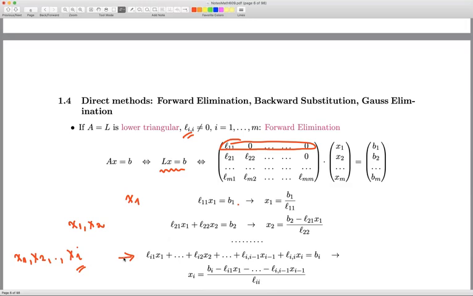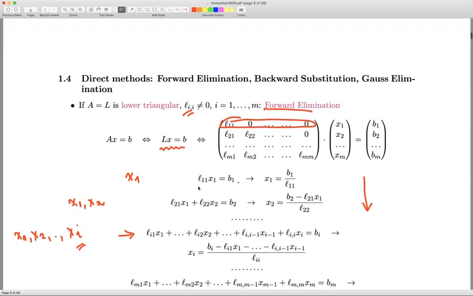So what is happening then? That's why the method is called forward elimination, because we start from the top, we go down forward and eliminate the unknowns one by one. So from here, since L11 is different from 0, we can write exactly what x1 is.